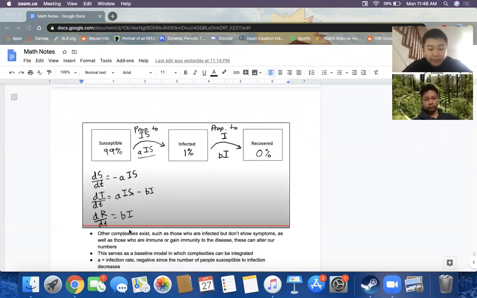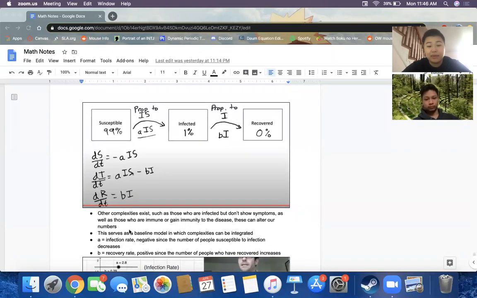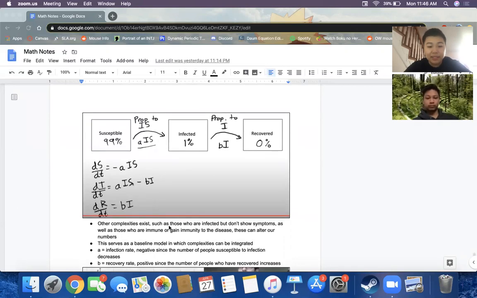It's positive because the number of people who recovered is just going to go up over time. Now, other complexities obviously exist when we have to model something as complex as the effect of a disease in a population. One of these complexities could be people who get infected but don't show any symptoms, and there are also people who are immune to the disease or somehow gain immunity during the course of the spread, and all of these can alter the numbers we have here.